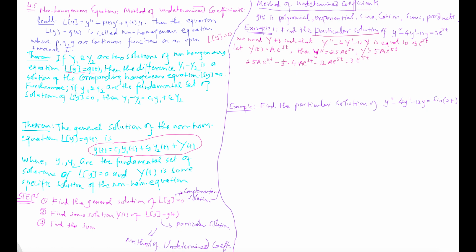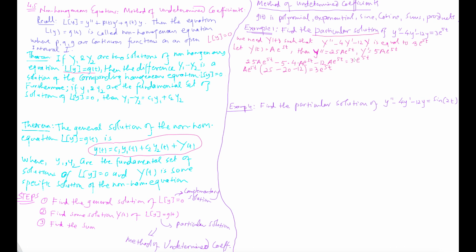So if you simplify, what do you get? a e to the 5t is common to all of them, right? So you get a e to the 5t times 25 minus 20 minus 12, equals 3 e to the 5t.